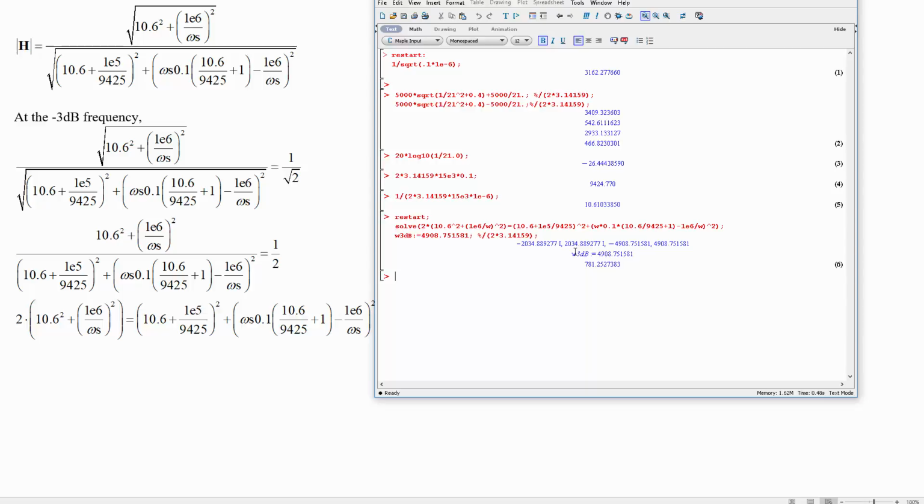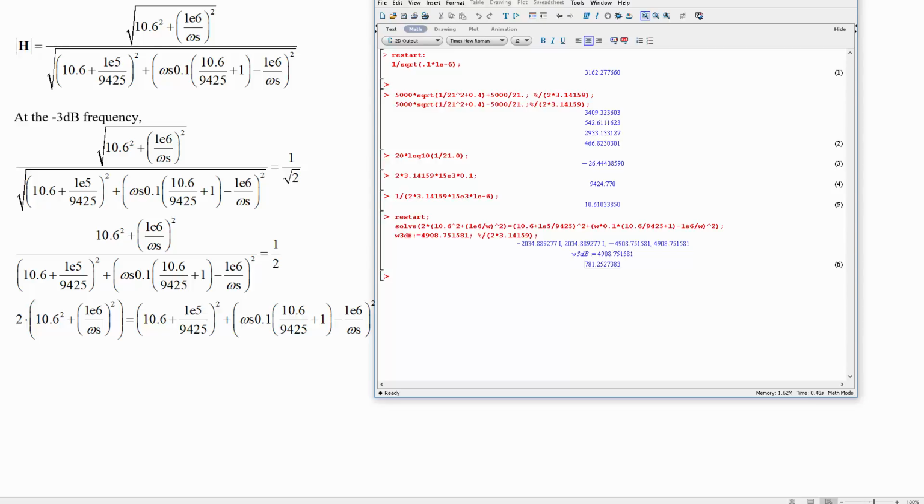It's actually quite a lot different. Rather than the 15K that we had from each filter individually, this says that together, these two filters are acting like a low pass with a cutoff of 781 if we haven't made any mistakes.